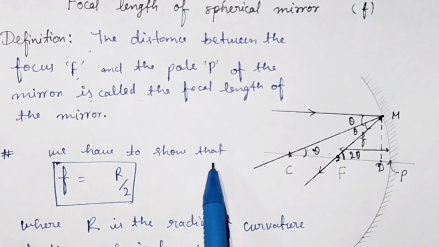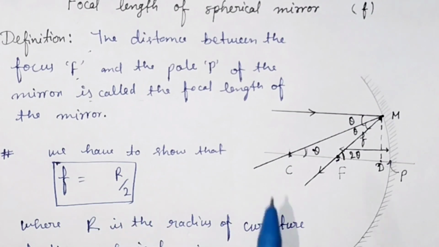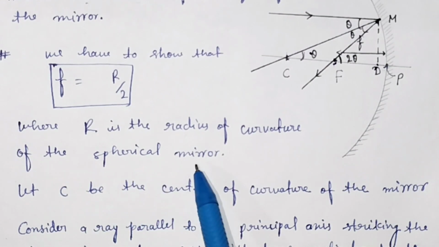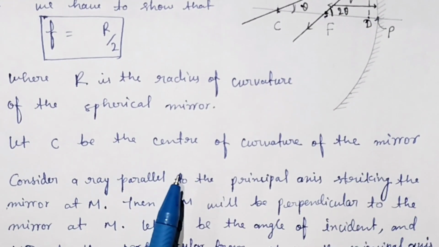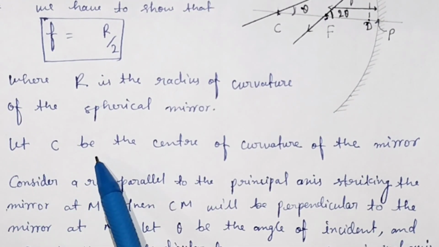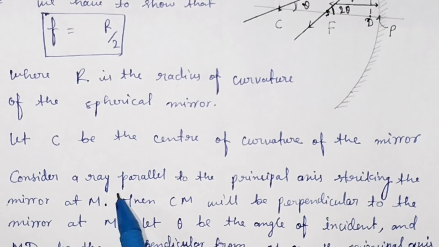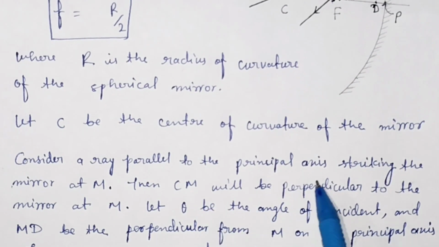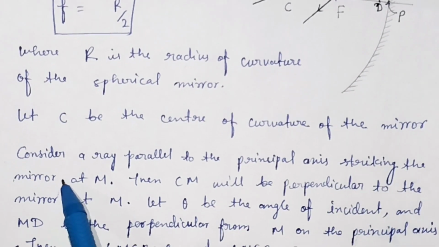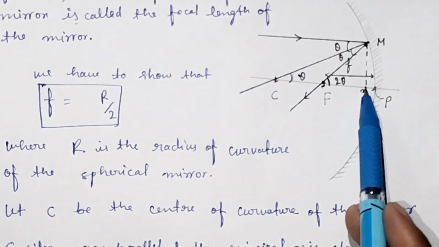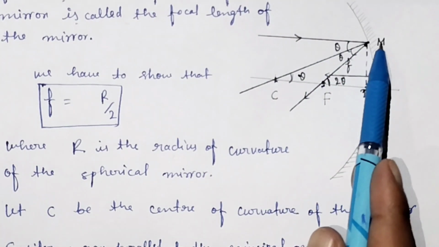So we have to show that f is equal to R upon 2, where R is the radius of curvature of the spherical mirror. So we consider C as the center of curvature of the mirror. Consider a ray parallel to the principal axis striking the mirror at M. You can see a ray parallel to this principal axis striking the point M on the mirror.